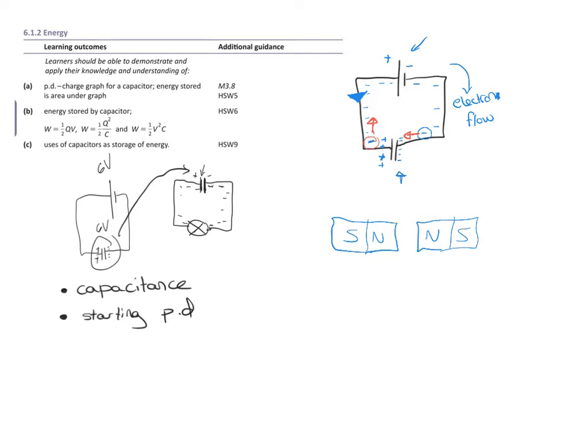When we talk about work done, remember, it's the same thing as energy transfer. If I use the words interchangeably, please remember that work done is the same thing as energy transferred. So that's where the energy stored in the capacitor comes from: the energy of the battery or the power supply. And consider this as well before I move on to the next part.